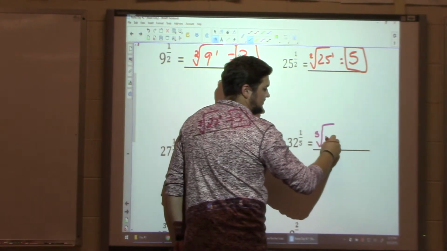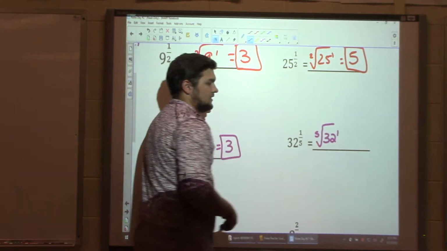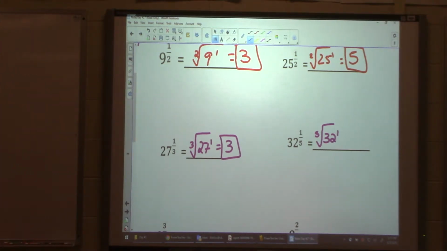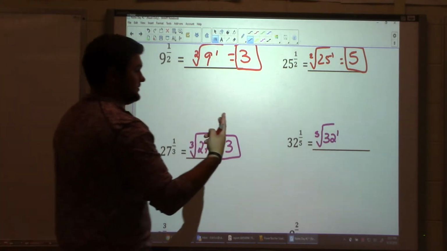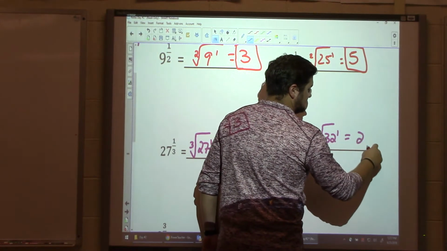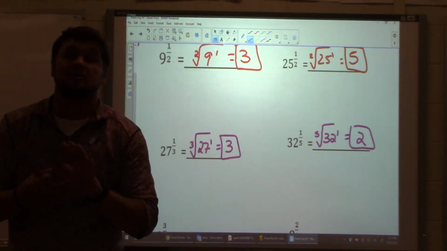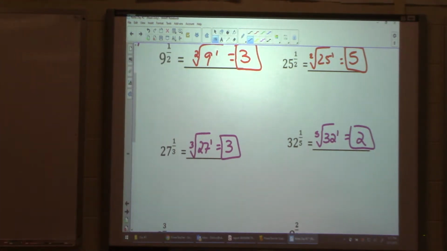It becomes the 5th root of 32 to the first. So what's the 5th root of 32? Or what to the 5th power equals 32? 2. So the 5th root of 32 is 2. Okay? Like I said, there is a button in your calculator where you can pick whatever root you want and then take that the 5th root, let's say.